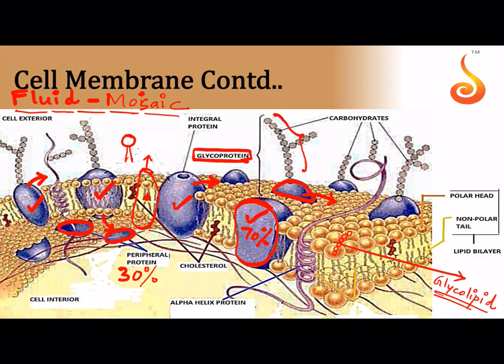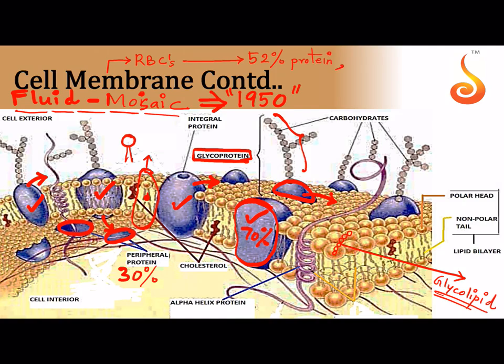And then it was identified that this fluid mosaic model was much more clear, as the structure of the plasma membrane was identified after the advent of the electron microscope in the 1950s. And it has been identified that the cell membrane of RBCs, please remember, is made up of 52% protein.